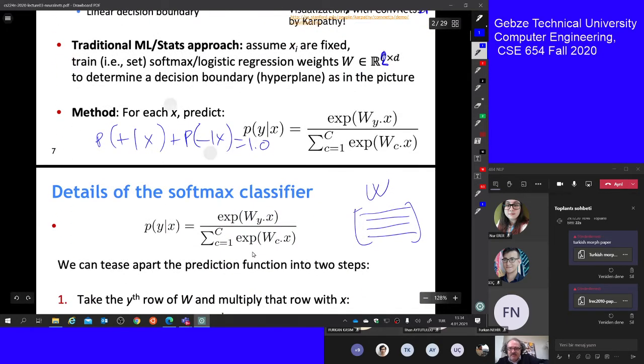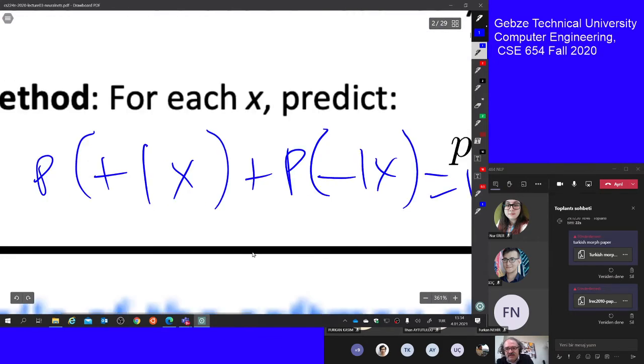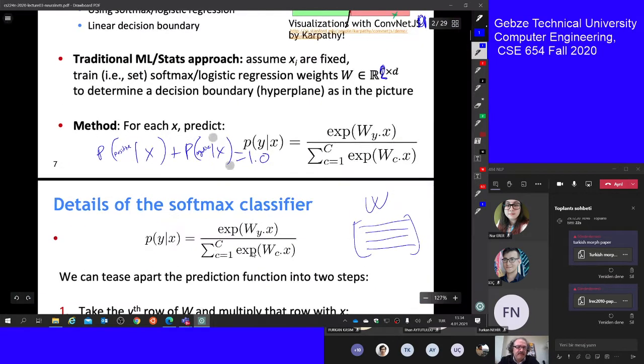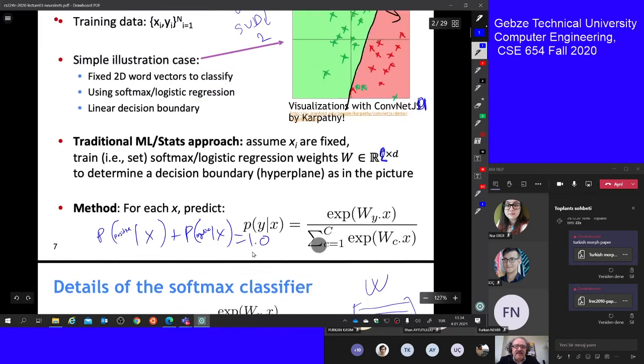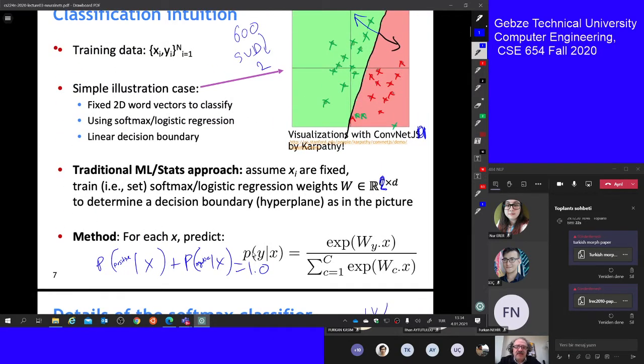I think to make this more readable, maybe I should write positive and this one is negative. Okay, so softmax does that. So that means that with the softmax I have a vector for the positive cases and I have a vector for the negative cases.